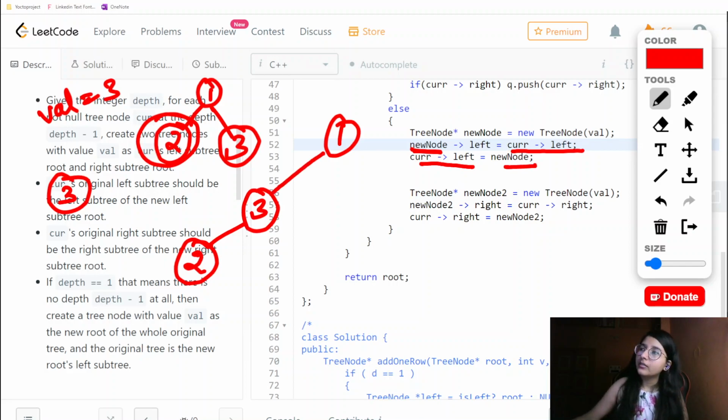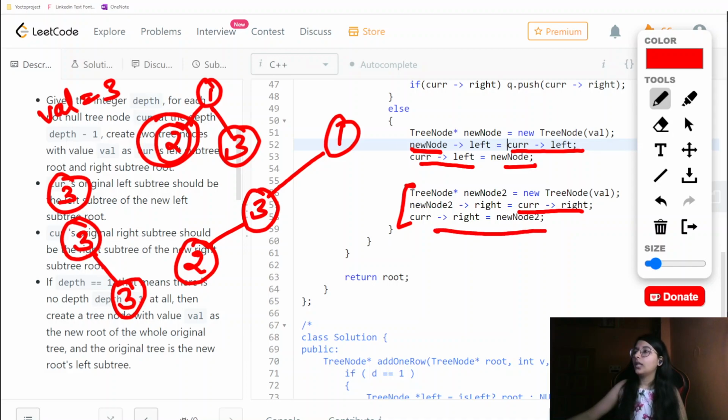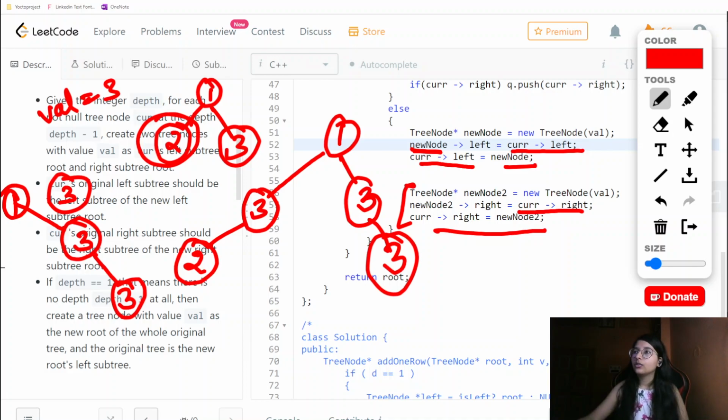And then we are attaching whatever is being there with the current. And then same goes with the right side also. So 3 was there as our new node value, and whatever was there as current's right, that we are adding up here. And then we are fixing with this. So basically this is what we are making at this particular level. So the tree turned into this because of this piece of code.